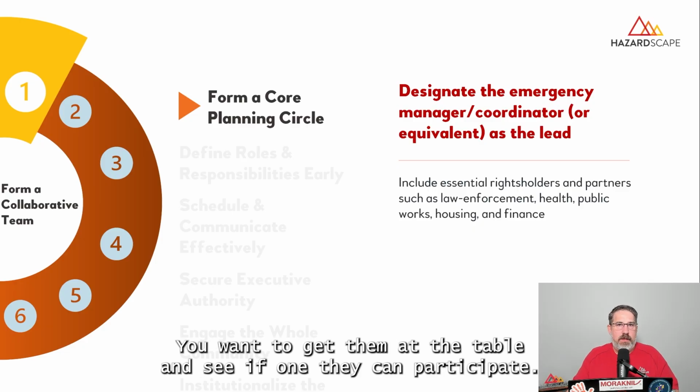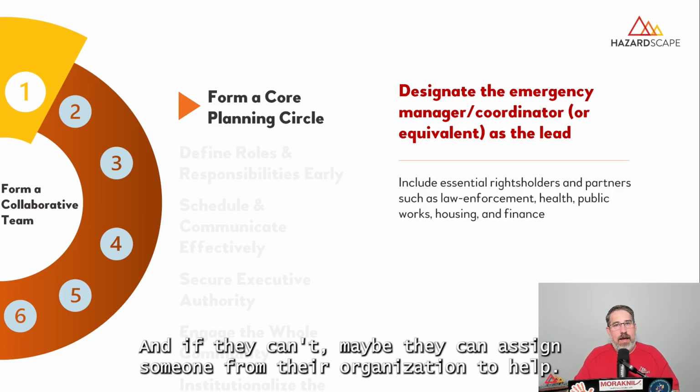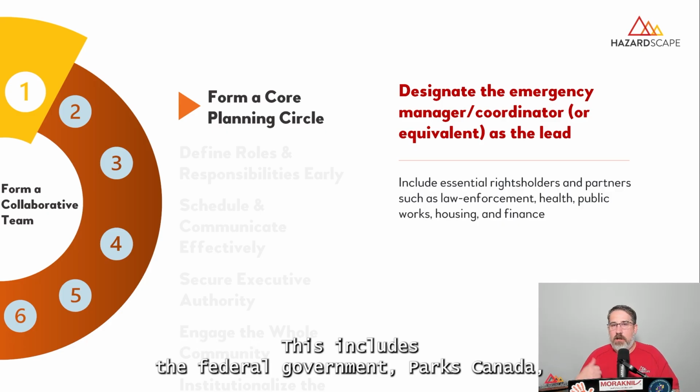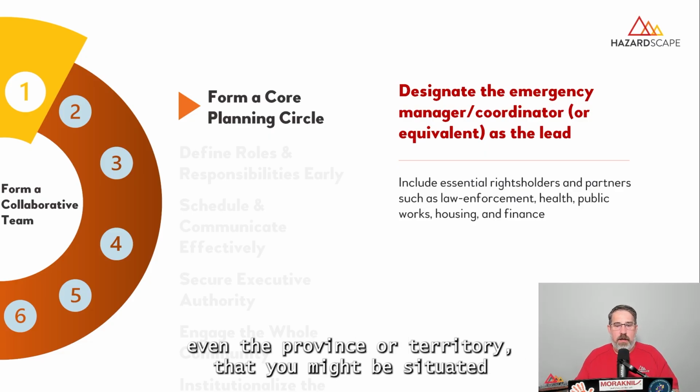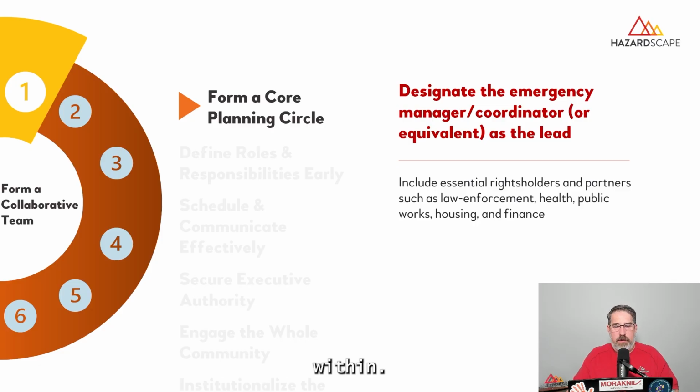You want to get them at the table and see if, one, they can participate, and if they can't, maybe they can assign someone from their organization to help. This includes the federal government, Parks Canada, even the province or territory that you might be situated within.